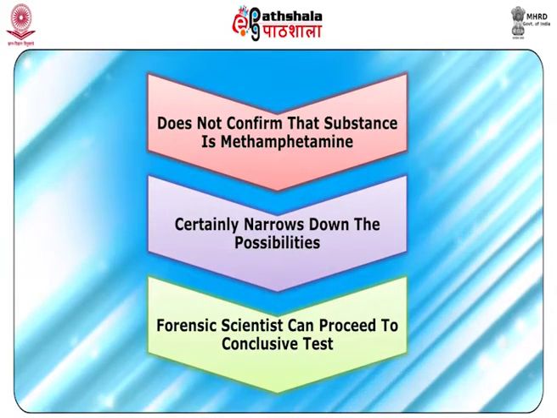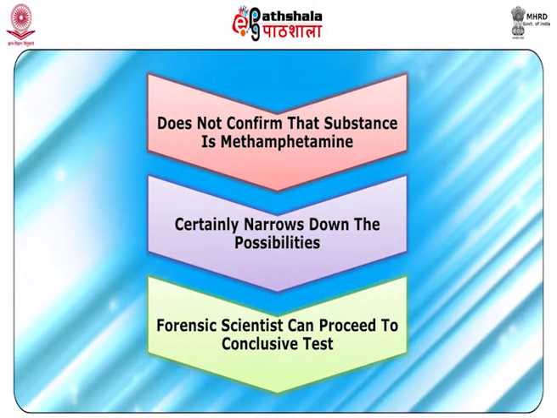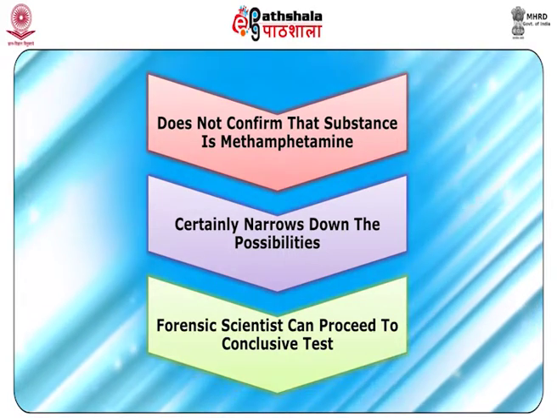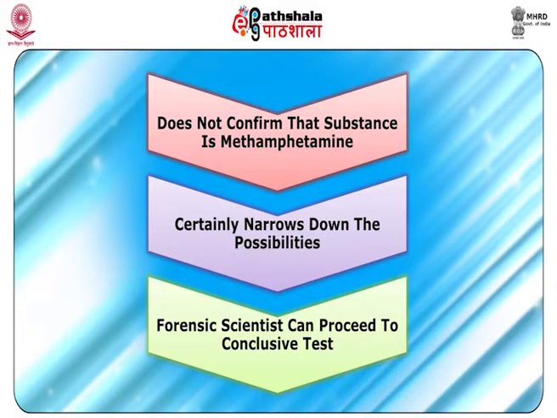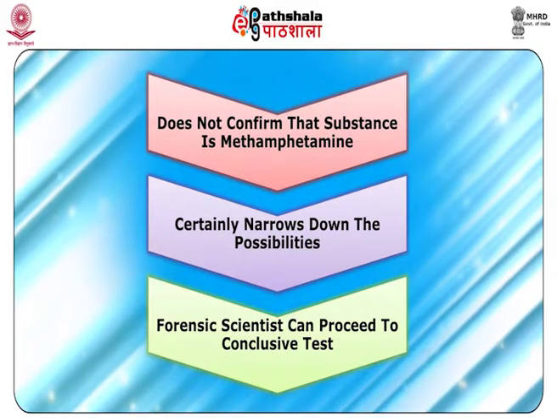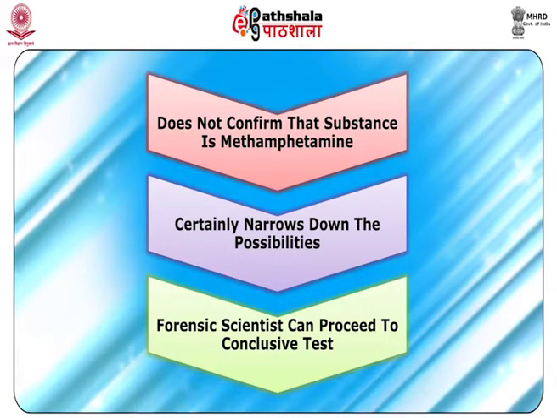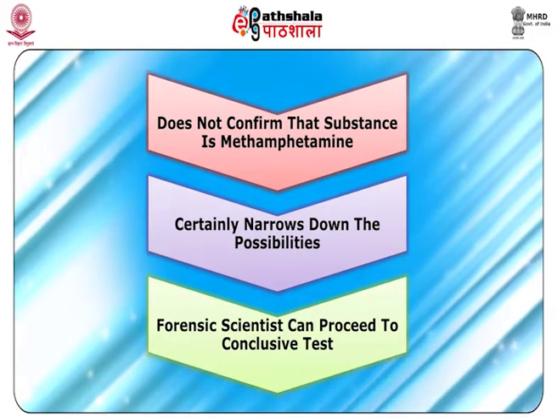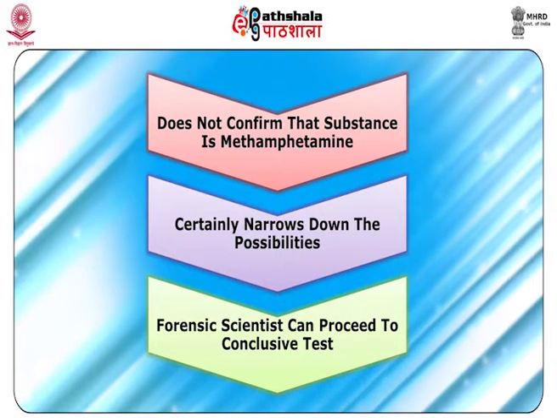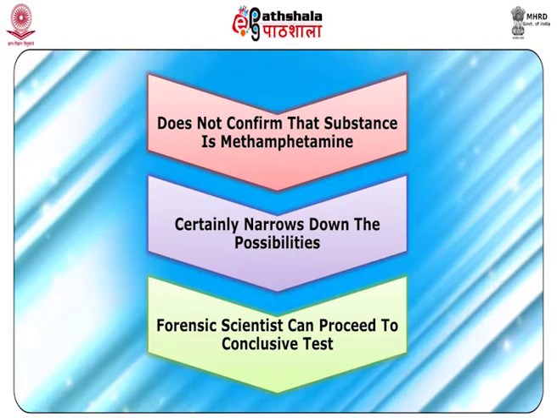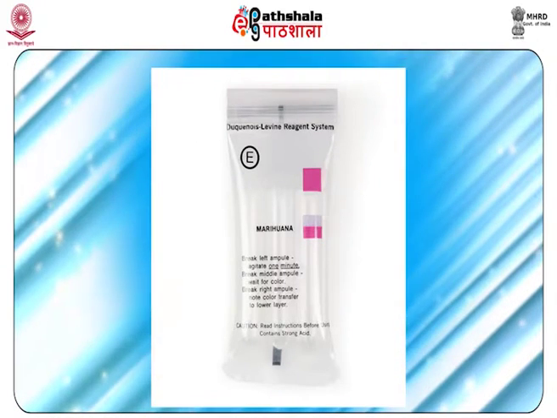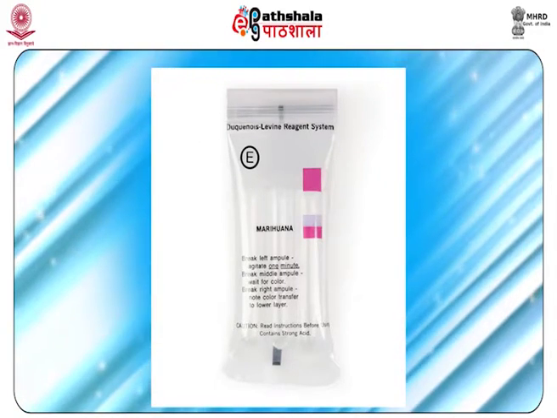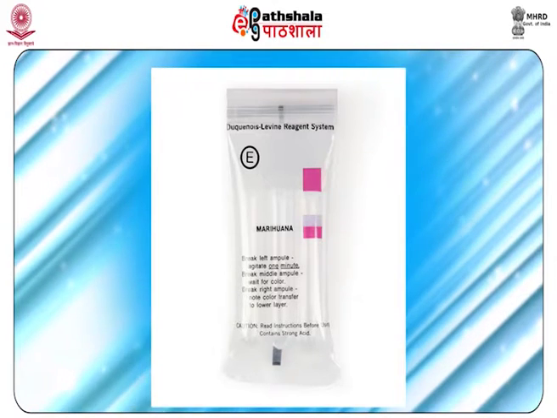This analysis does not confirm that the substance is methamphetamine, but it certainly narrows down the number of possibilities. Now, the forensic scientist can proceed to more conclusive tests, knowing that he is on the right track. Presumptive analyses are usually quick and inexpensive to perform.